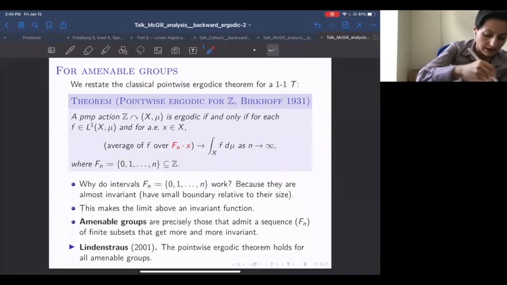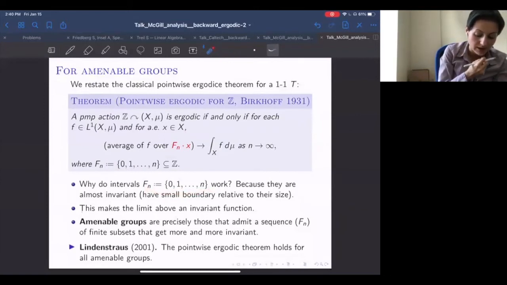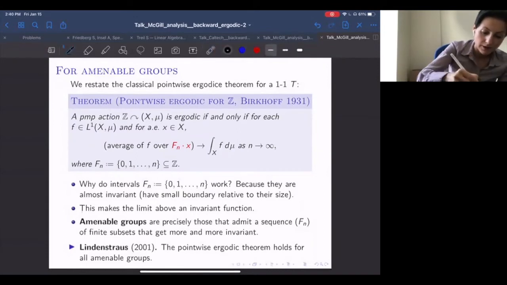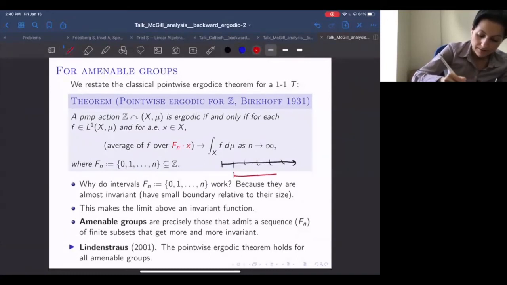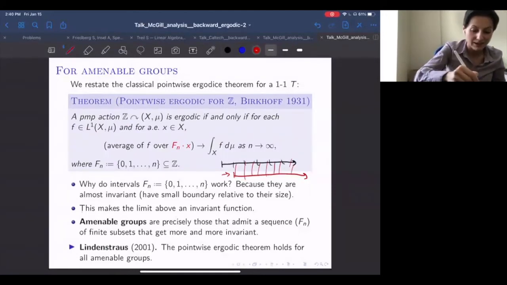And so let's understand these theorems. Why are intervals important and why do they work? The reason is that they are almost invariant, right? If you have a long interval like this, and another interval like this, and you move this interval in this direction, the two intervals coincide on a very large set, and the only points that fall off are this point and this point.